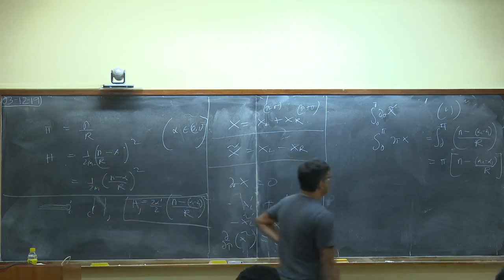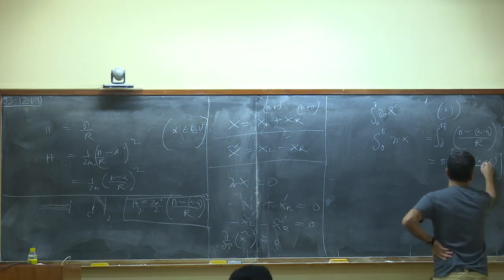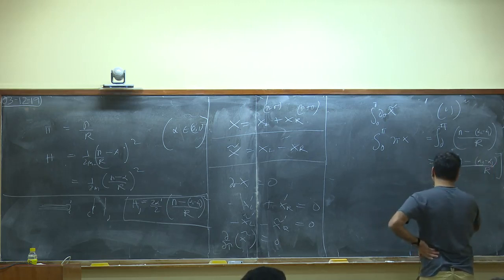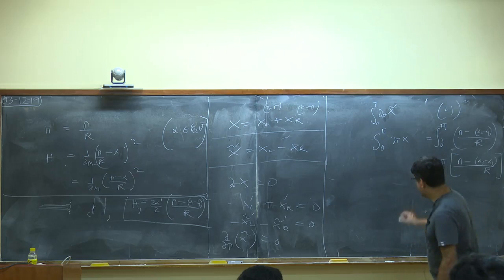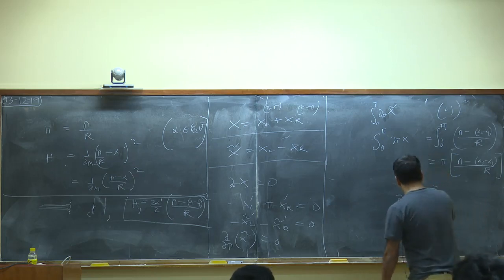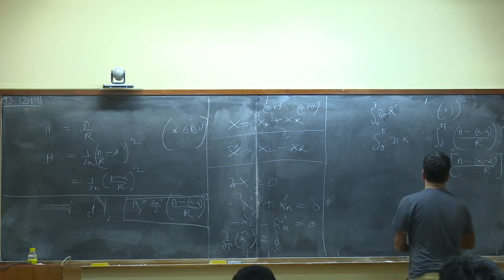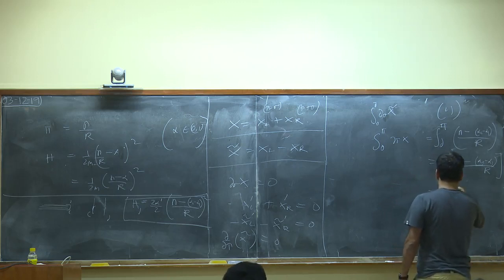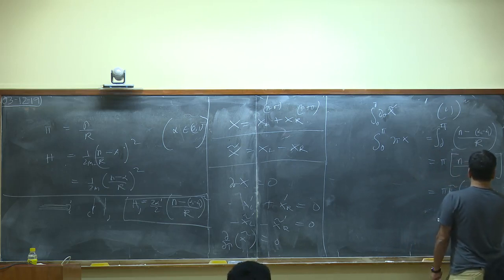Remember that r goes to alpha prime over r, so the new radius, r tilde, is equal to alpha prime over r. So r is equal to alpha prime over r tilde. In terms of r tilde, this is equal to pi r tilde times (n minus alpha_i minus alpha_j).